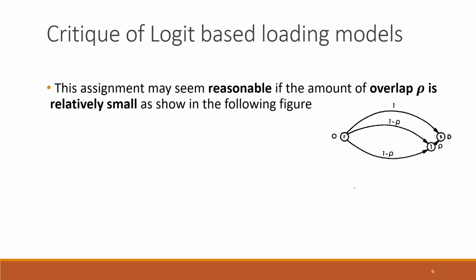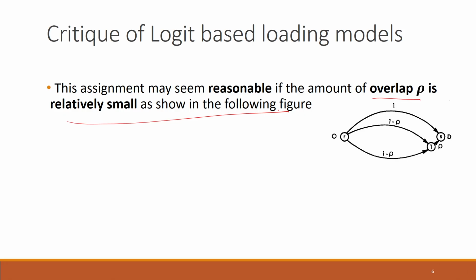Now this kind of assignment might seem reasonable if the amount of overlap rho is relatively small, as shown in the following figure. If, for example, we are using this logit based loading model and dividing the probability of choosing these different paths here, every path will get selected with 1/3 probability.